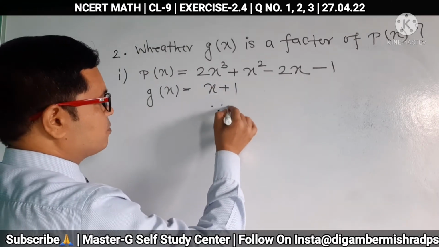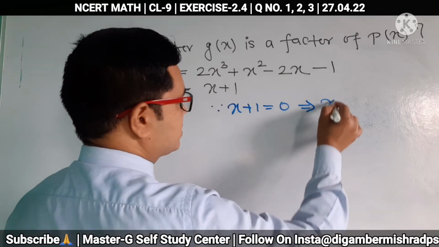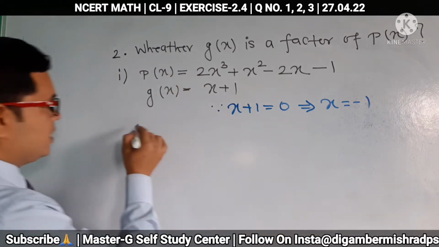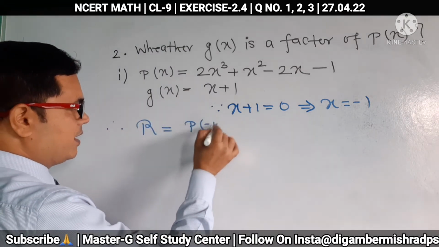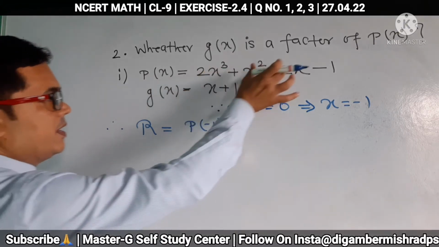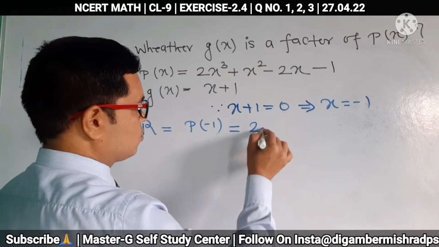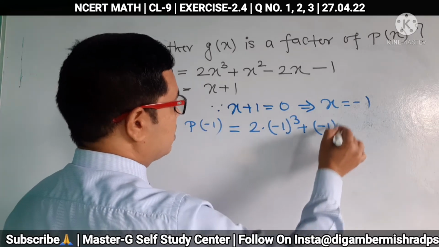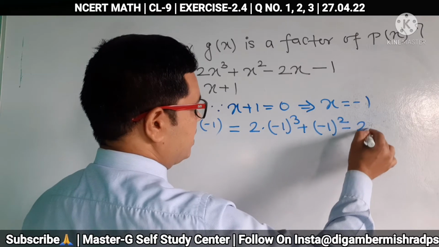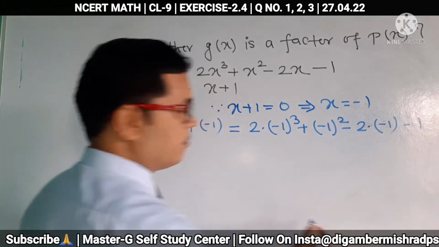Since x plus 1 is equal to 0, therefore x is minus 1. If we use the remainder theorem, the remainder will be p of minus 1. So we are going to replace all the x here by minus 1. So 2 into minus 1 whole cube plus minus 1 square minus 2 into minus 1 and then again minus 1.